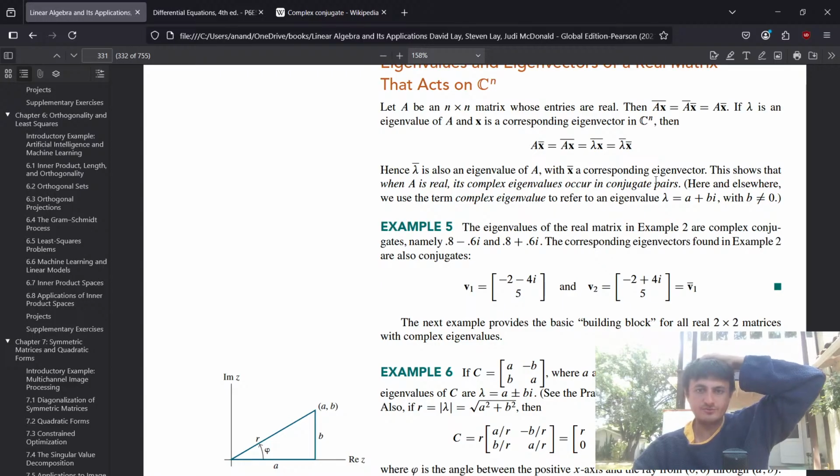This shows that when A is real, its complex eigenvalues occur in pairs.